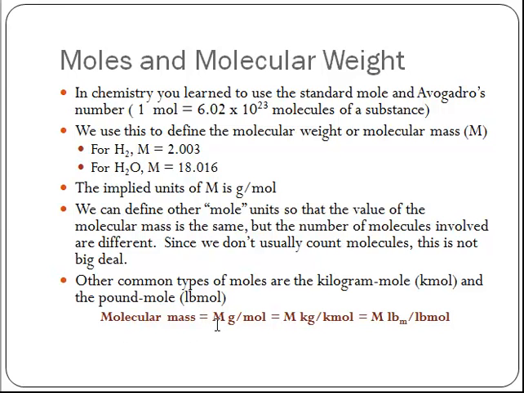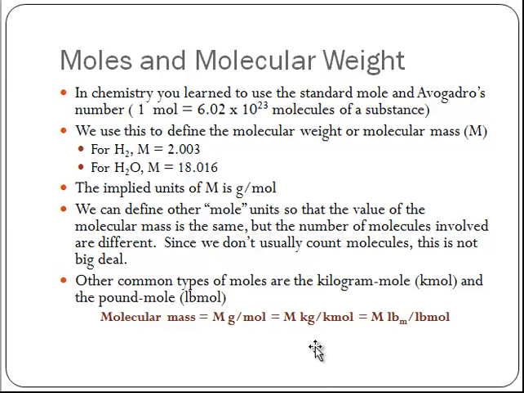So the molecular mass M could be in units of grams per mole or kilograms per kilogram mole. Now, a kilogram is just 10 to the third times a gram, right? So a kilomole or kilogram mole is 10 to the third times a mole.